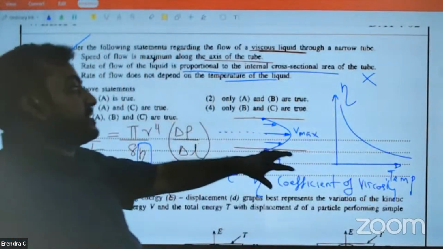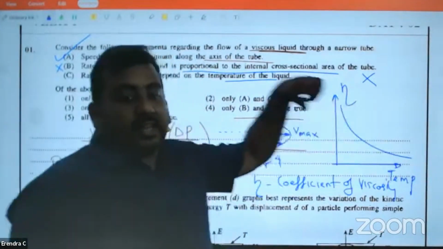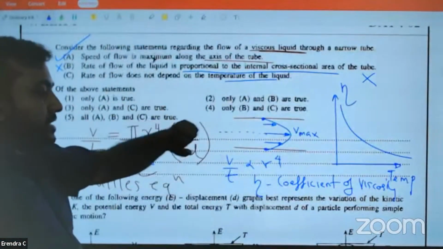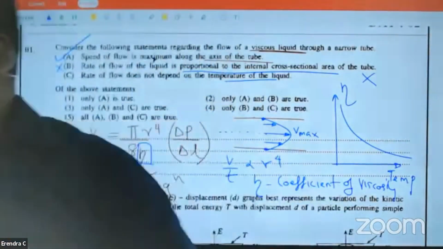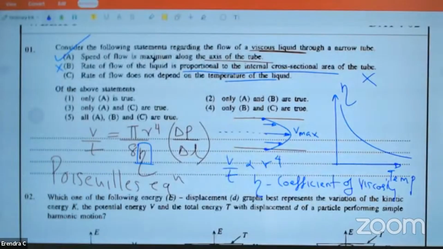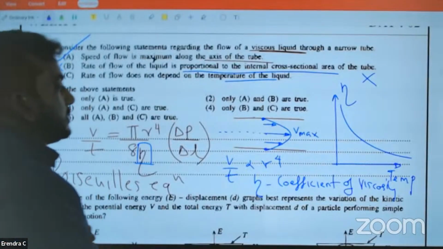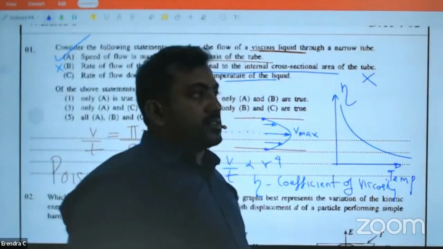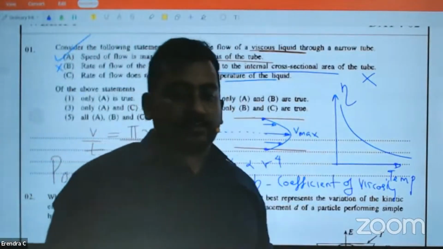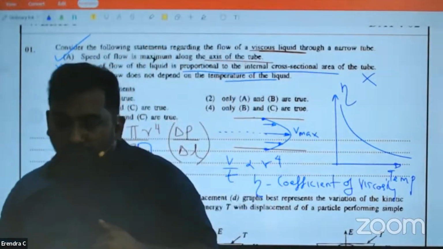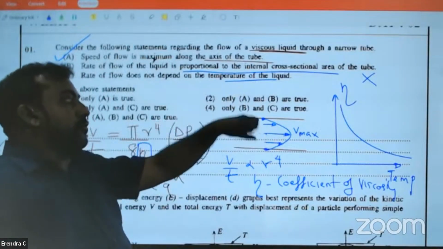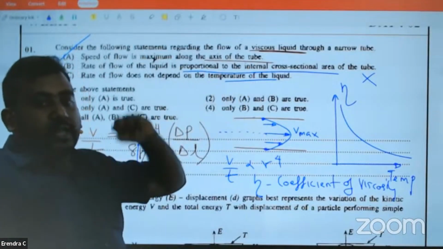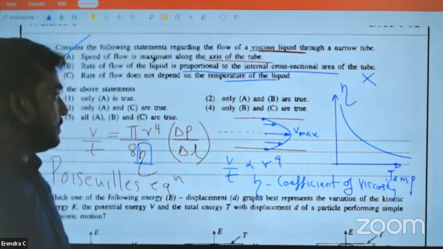So the coefficient of viscosity depends on temperature. Therefore, the volume flow rate will also depend on the temperature.